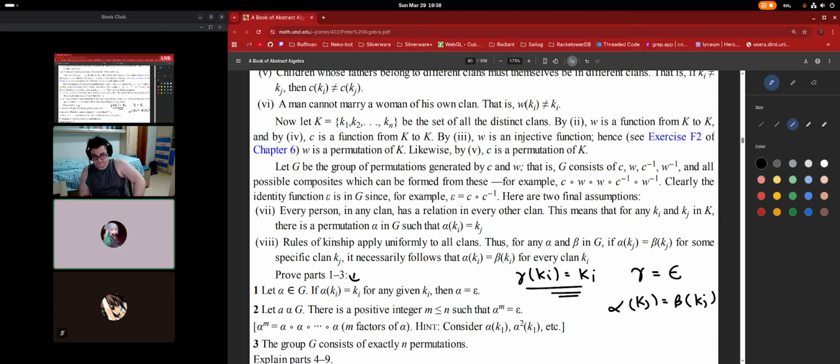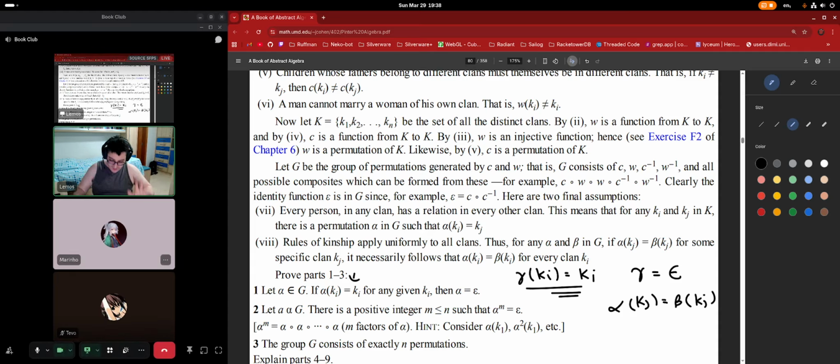And then the rule from 8 is, okay, if alpha of some k is equal to beta of the same k, then it follows that alpha of an arbitrary k is equal to beta of that same arbitrary k, so alpha equals beta, right? Which doesn't mean that alpha is epsilon still. It does, because alpha of ki equals ki is equivalent to saying alpha of ki equals epsilon of ki.